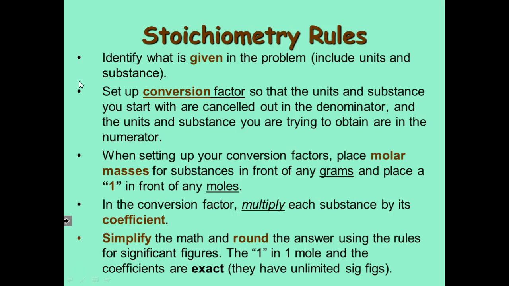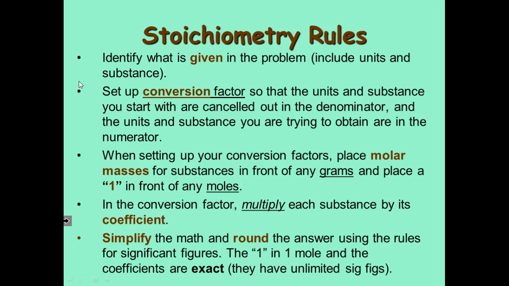Moles always gets 1, because that's what we define our quantities in terms of, 1 mole. And we know that the molar mass, using the periodic table and the atomic masses of our elements, can help us find the grams. The only thing we're going to add to what we've done previously is to relate the different quantities to one another, the different chemical substances, and those are when we use the coefficients.